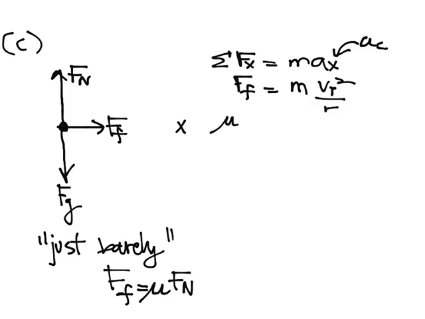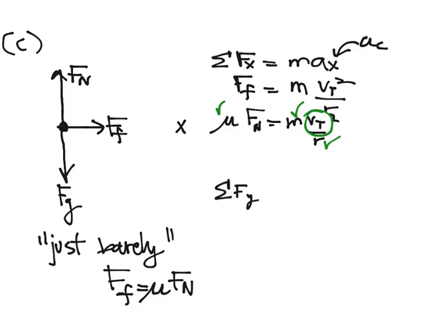We can of course plug mu Fn in for Ff. Now we have numbers for almost everything except for Fn. We have a number for mu, m, and r, and we're solving for vt.